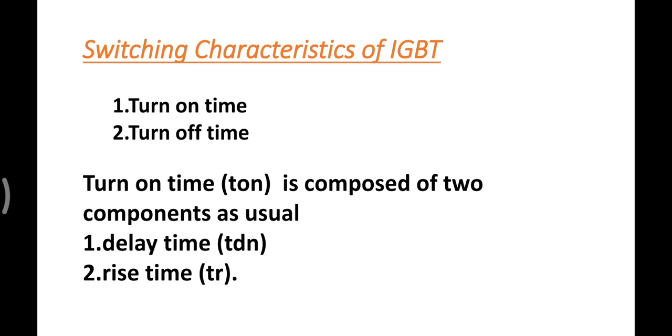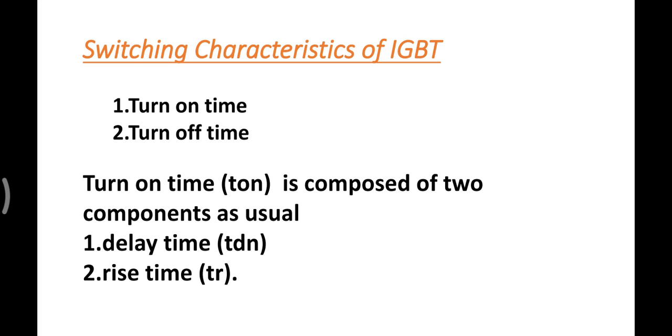Here we can express that the turn on time consists of two components: one is delay time and the second is rise time. Mathematically, the total turn on time of an IGBT can be expressed as the delay time plus the rise time. So total T on equals total delay time plus total rise time.